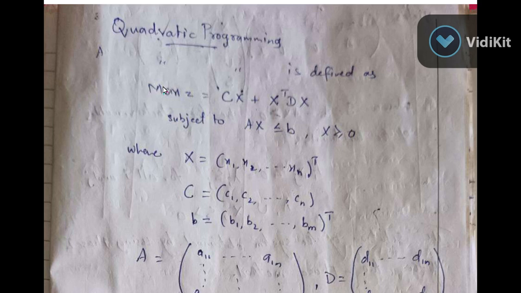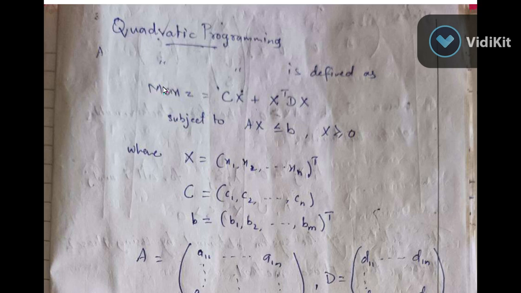That many constants here, as many as the number of variables. And from the constraints, b is nothing but b1, b2 and so on, bm, transpose. So that is m constraints we are assuming. And what is A?